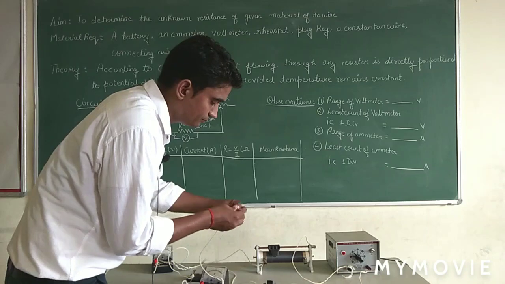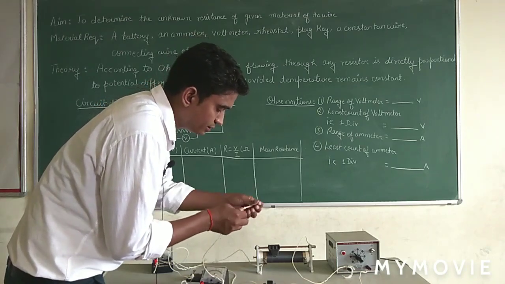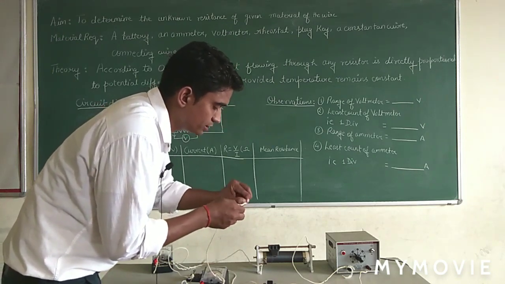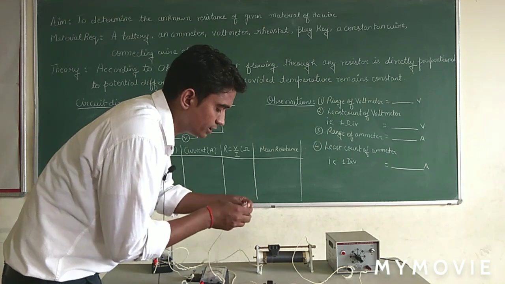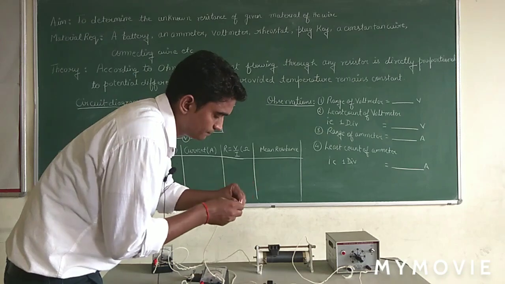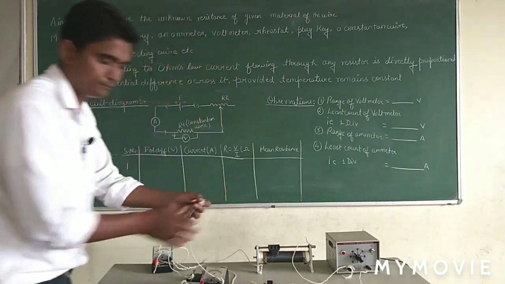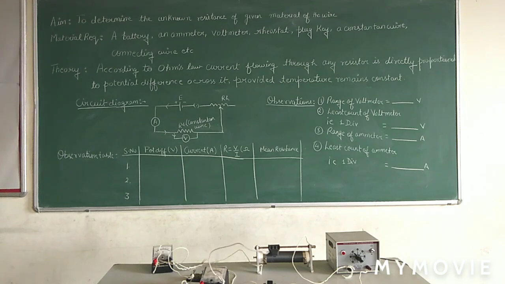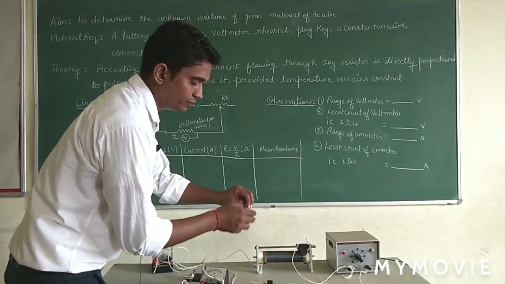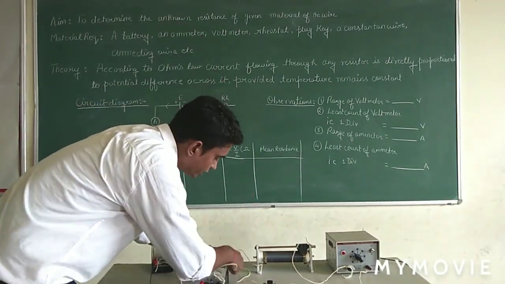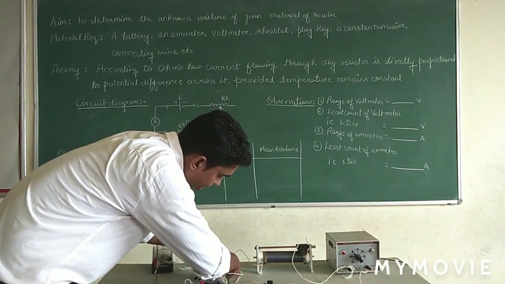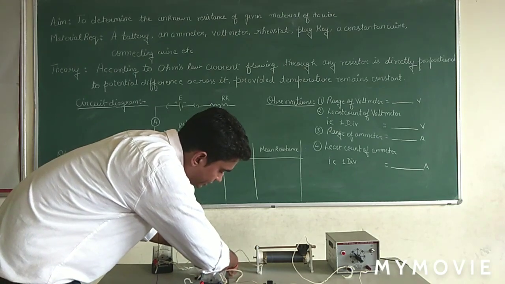It takes a bit of time, but keep patience and watch it carefully so that you can perform it easily. Now the end which is left, join this to the other end of the resistance wire. Now my circuit is completed.